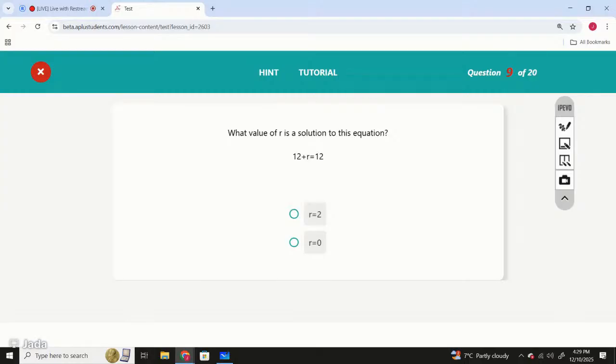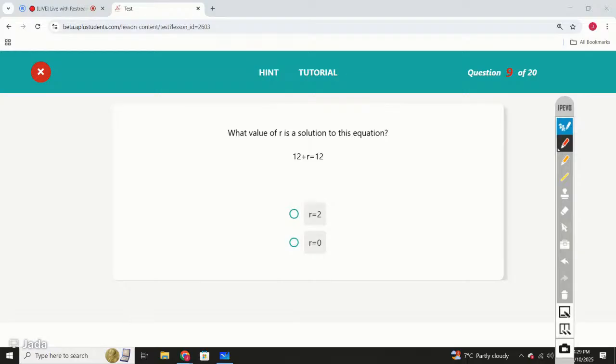What value of r is a solution to this equation? 12 plus r equals 12. So we need to find the value of r.